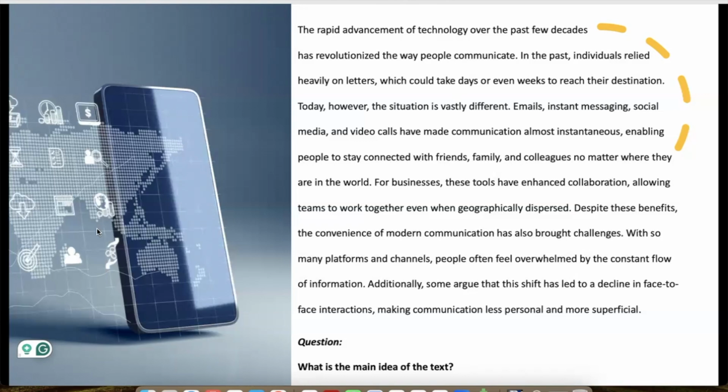Listen, you don't have to refer to all the details in the text. We should write something which captures that idea. Technology has completely changed how we communicate and made it faster. But while it's more convenient, it also... good job, Irene.